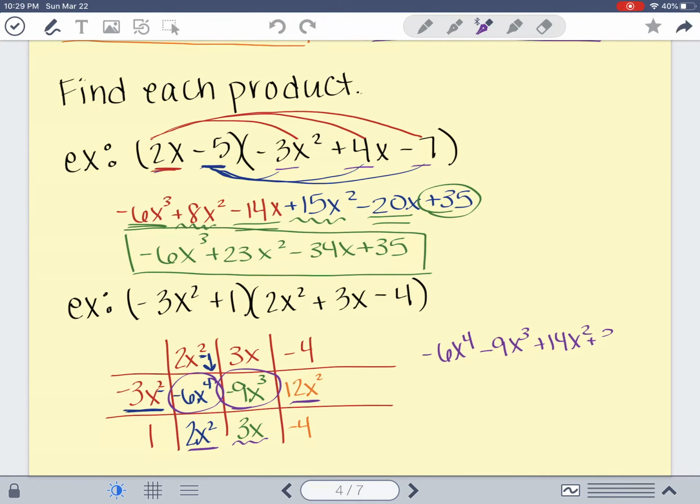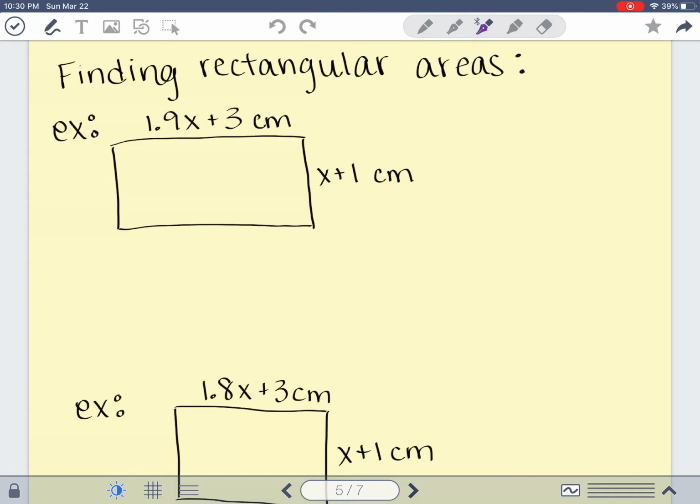We've got a 3x, and then we have that negative 4. So our final answer here is negative 6x to the 4th power minus 9x cubed plus 14x squared plus 3x minus 4. Which again, I know is a mouthful, but it is correct.